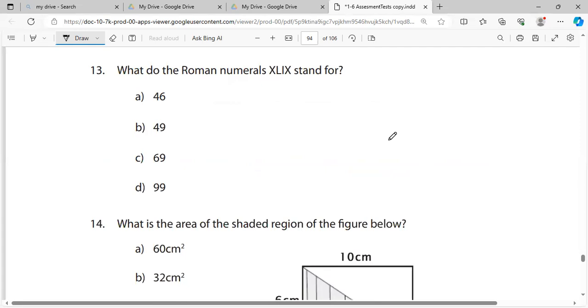What does the Roman numeral XLIX mean? Alright, so we know that the rules state that once you have the bigger one in front, you subtract. So that would be 50 minus 10, so that's 40 right there.